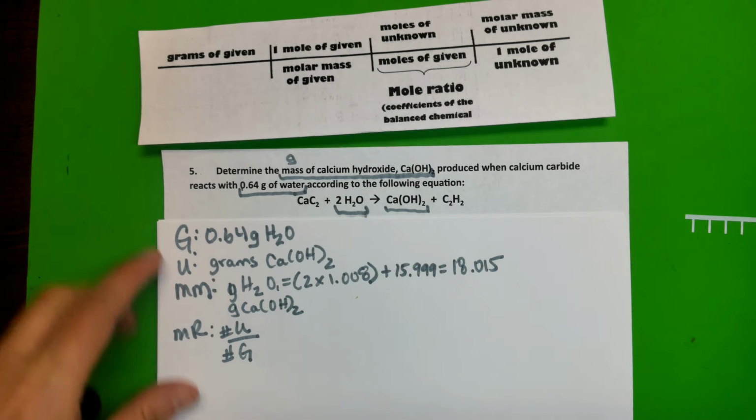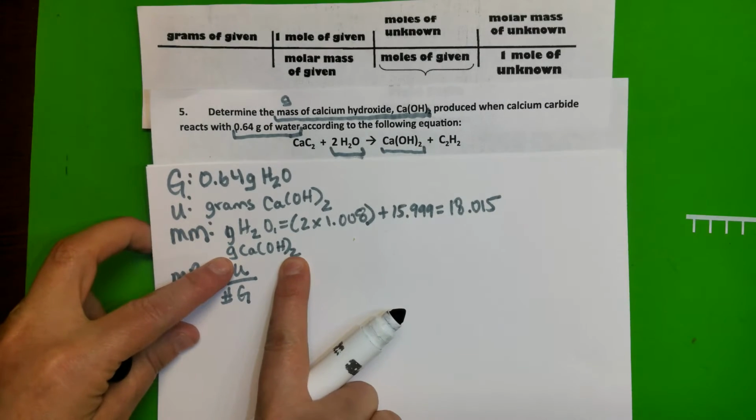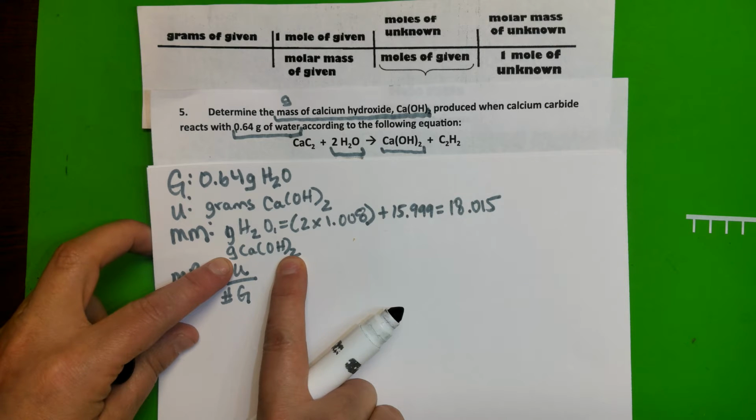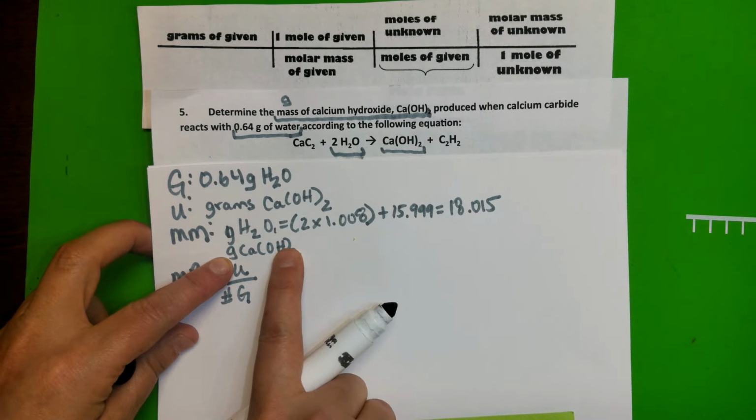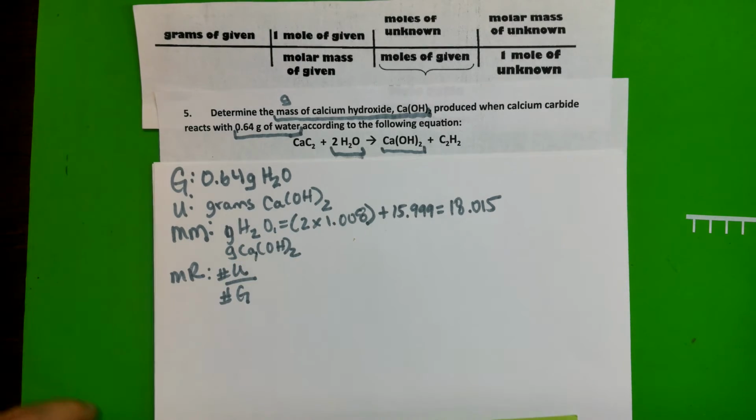Then we have to do the grams of calcium hydroxide. This one's a little different because the parentheses with the 2 basically say that there are 2 oxygens and 2 hydrogens. There's only 1 calcium.